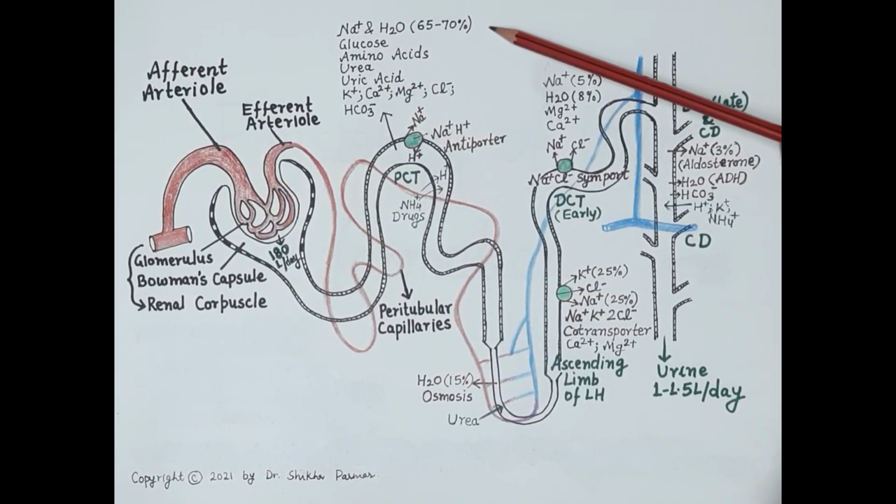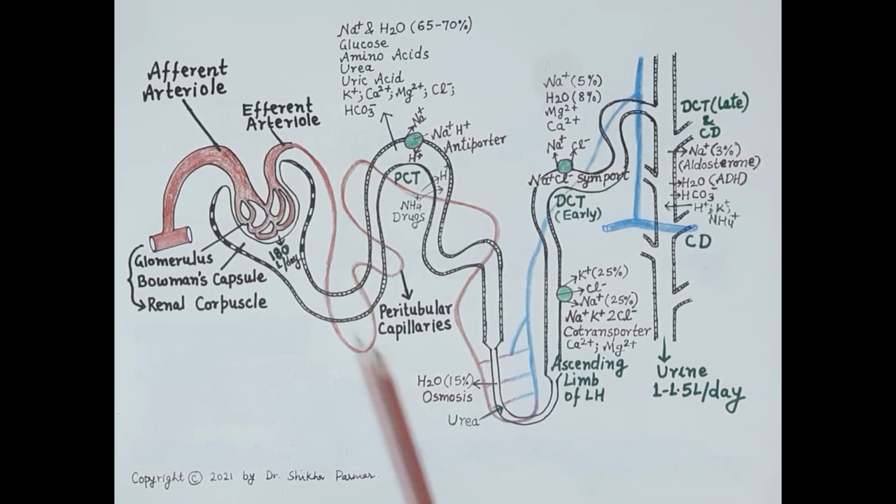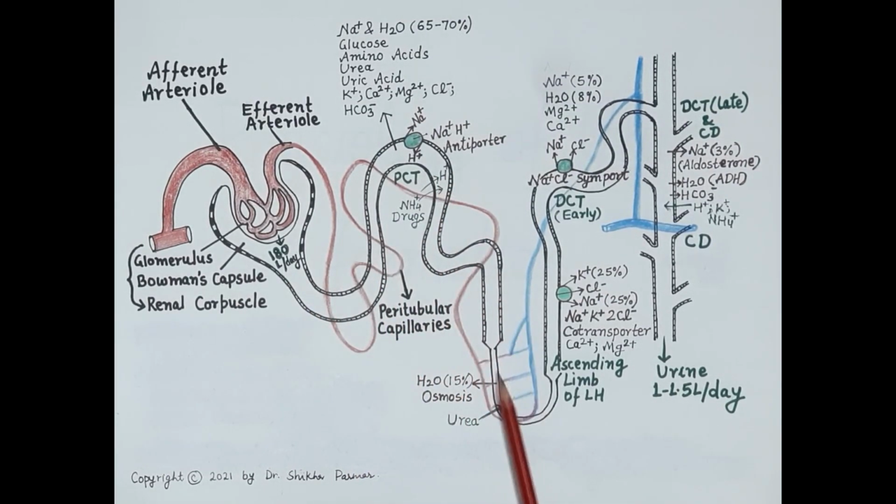That means water follows higher sodium concentration. Very important to remember that out of 180 liters of filtrate, only 1 to 1.5 liters of urine is produced. That means the rest of the filtrate, that is 99%, is reabsorbed in the renal tubule.